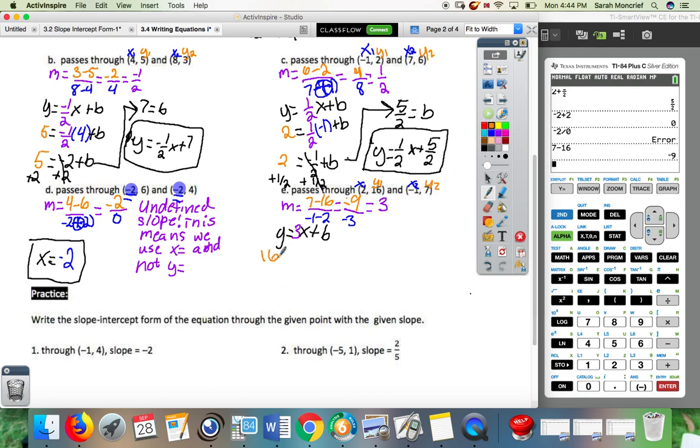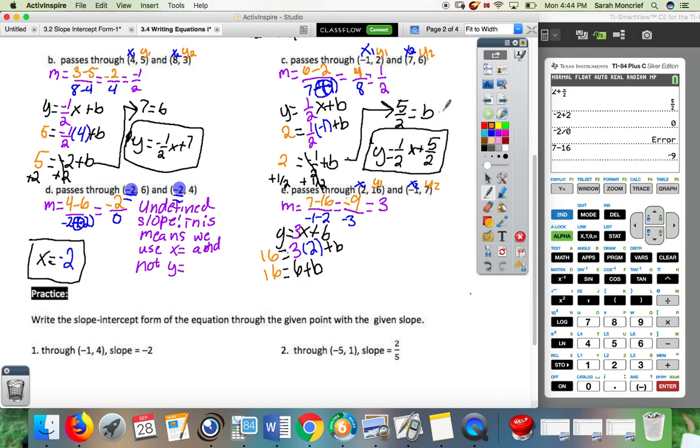So 16 is equal to 3 times, and what's my x with 16? 2. And of course my plus b that we are solving for. What is 3 times 2? Everyone who is out there? You're right, that is 6. We have 6 plus b is equal to 16.